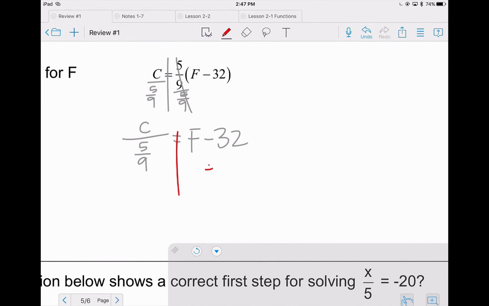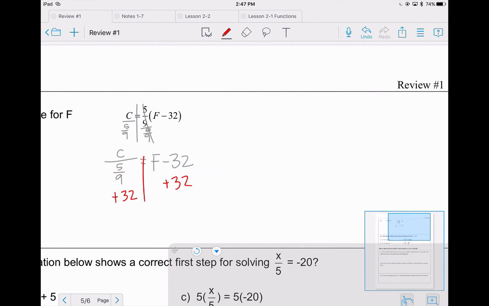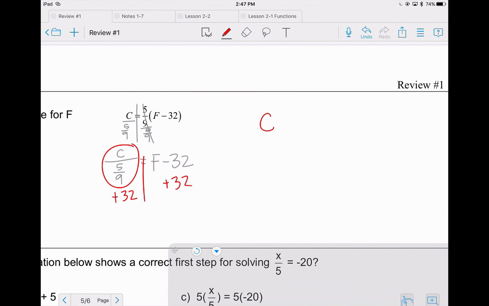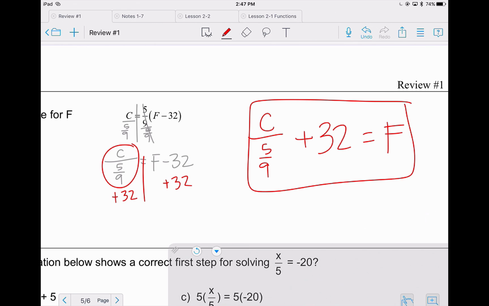And then I will add 32 to both sides. Now remember the C divided by 5/9 is all stacked together, and I am adding 32 to it. So I can't add 32 to 5/9 or anything crazy like that. I have C being divided by 5/9, and I'm adding 32.